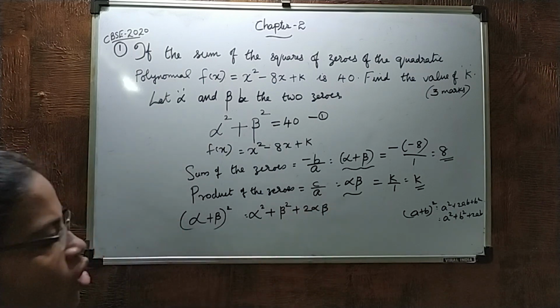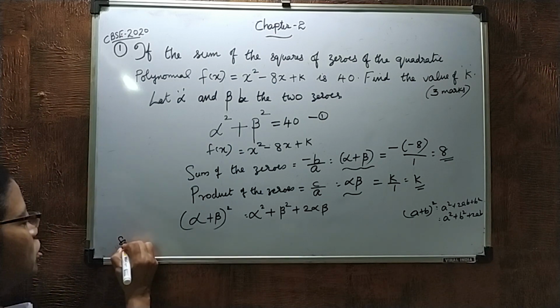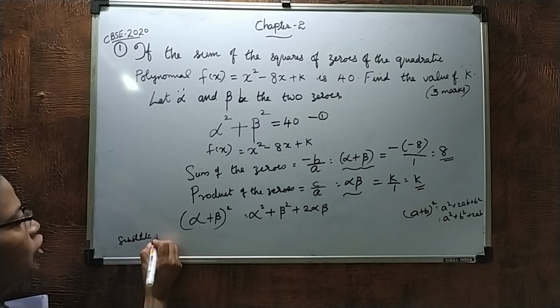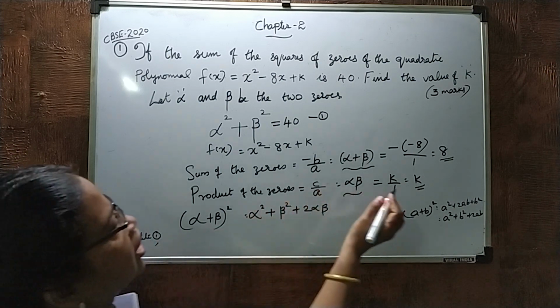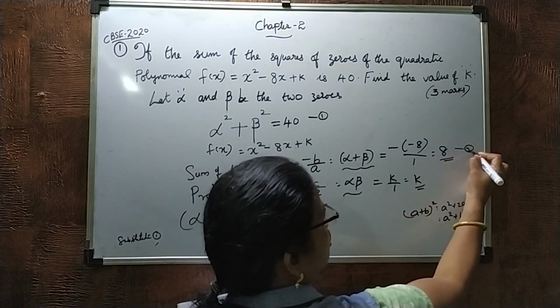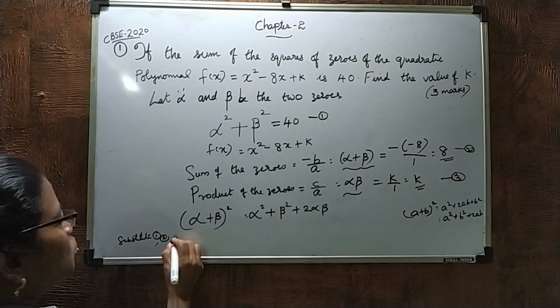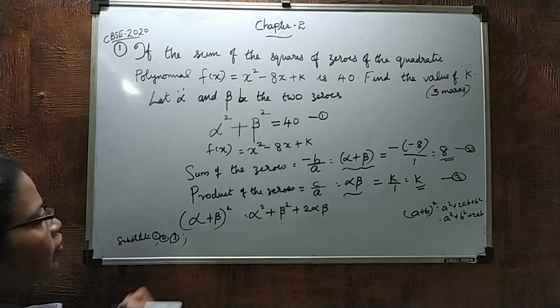Now, substitute all the values from equation number 1, here we will write equation number 2 and equation number 3. So, 1, 2 and 3. What will you get now?